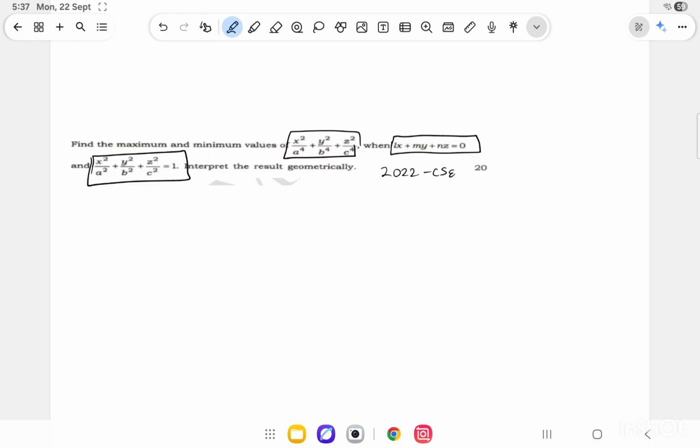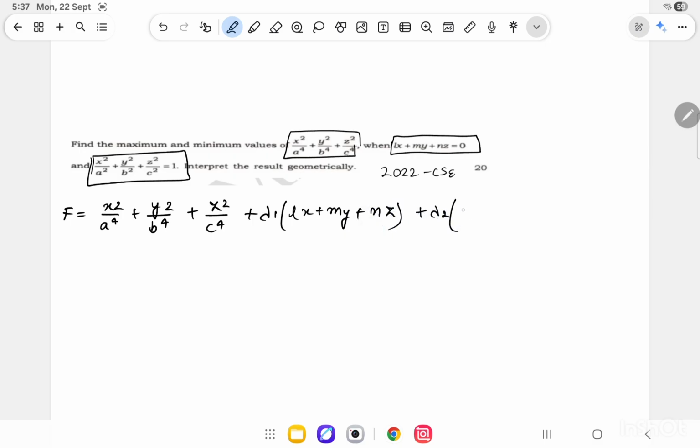In the question they have given us a function f that will be basically x square by a raised 4 plus y square by b raised 4 plus z square by c raised 4 plus lambda 1 into lx plus my plus mz plus lambda 2 into x square by a square plus y square by b square plus z square by c square minus 1, and we are supposed to find the maxima and minima value of this.